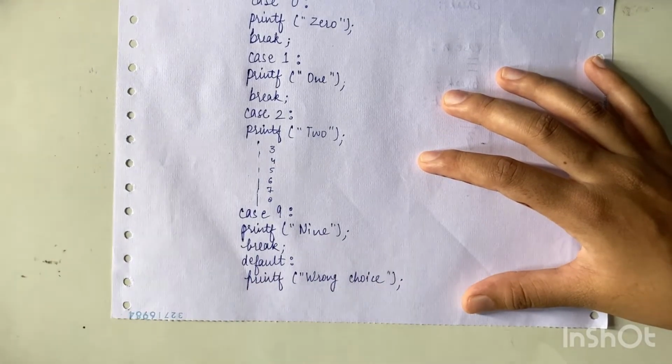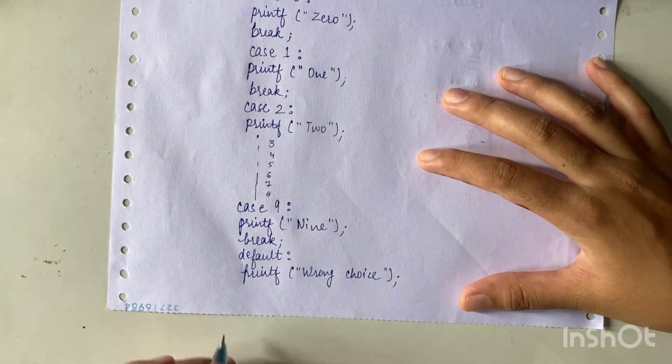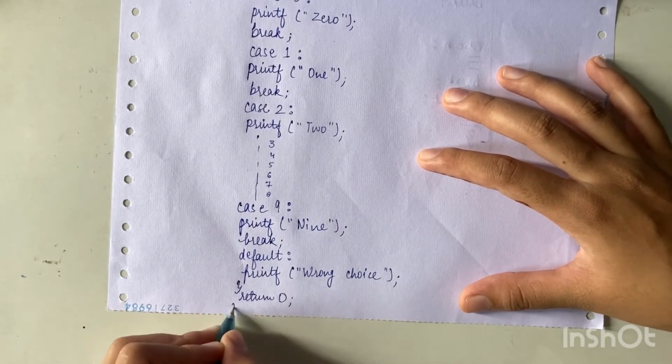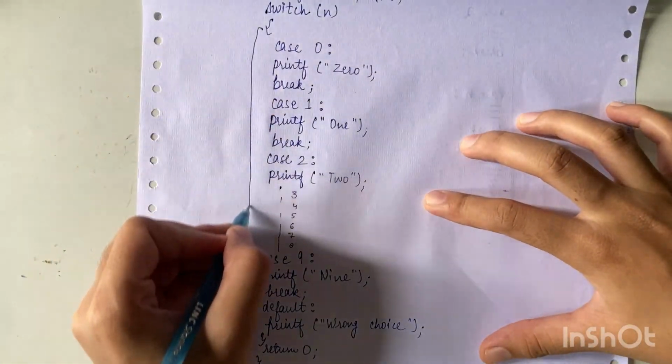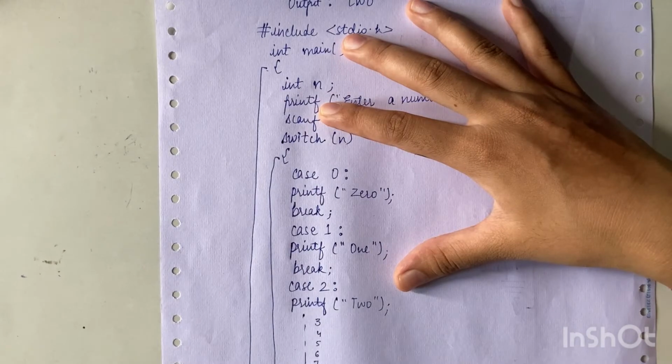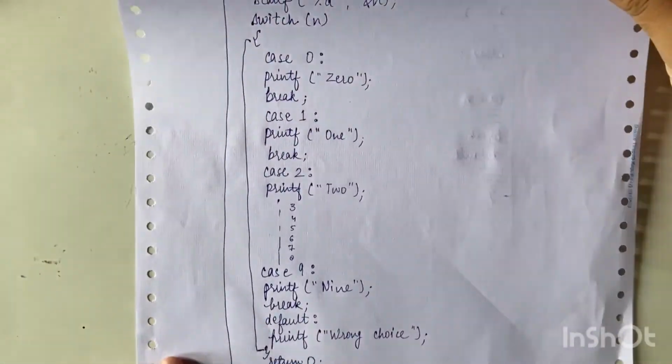Okay, so this is how we did printf wrong choice, and we will close the block, return 0, and we will close the main function. This is the switch block and this is the main function.